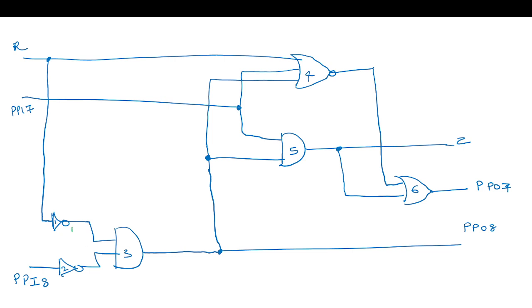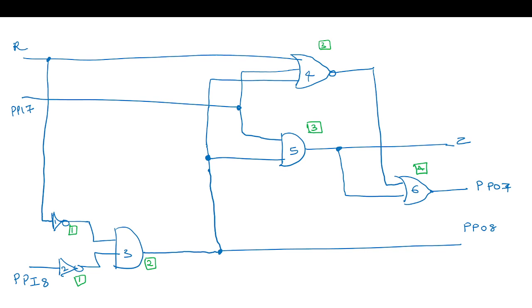So this will be in level 1. This will be in level 2. What about this? It is getting from here, so it should be in level 3. And this is also 2 plus 1, level 3. And this one, level 4.